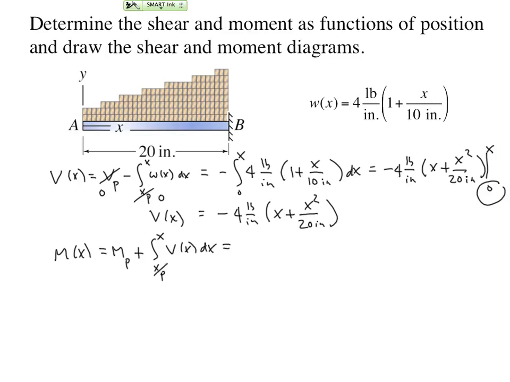For the moment equation, we once again make use of what we know about xp and Mp, and since we now have V of x, this is just the integral from 0 to x of minus 4 pounds per inch times the quantity x plus x squared over 20 inches dx.